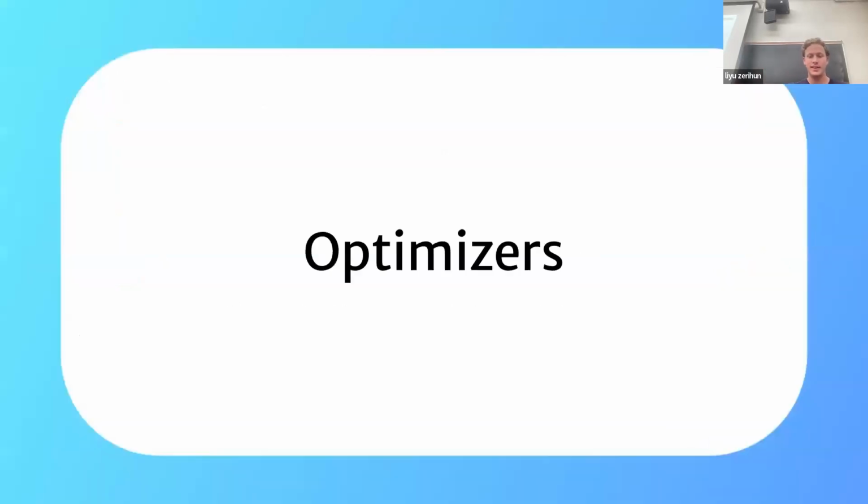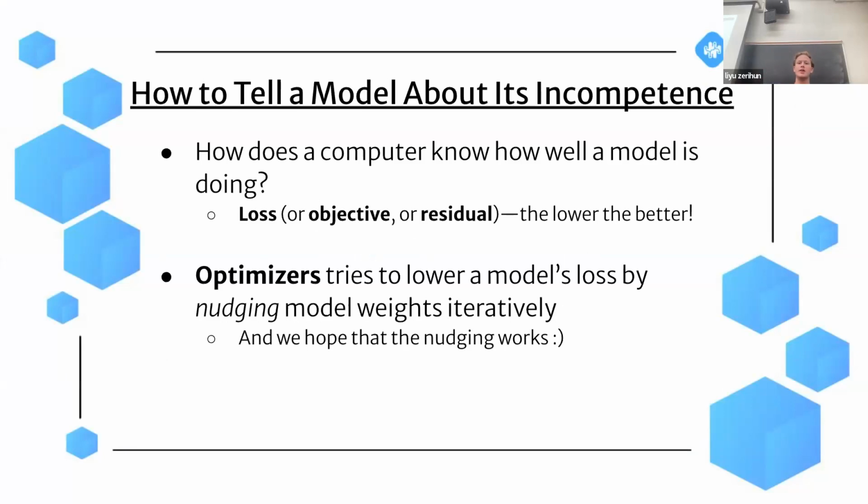All right. Yeah, so with that out of the way, let's start by talking about optimizers. So the question is, how do you tell a model about its incompetence? Or more accurately, how does a computer know how well a model is doing? You might think maybe you can tell right or wrong, but really what we want is a generalization called the loss, or the objective, or residual.